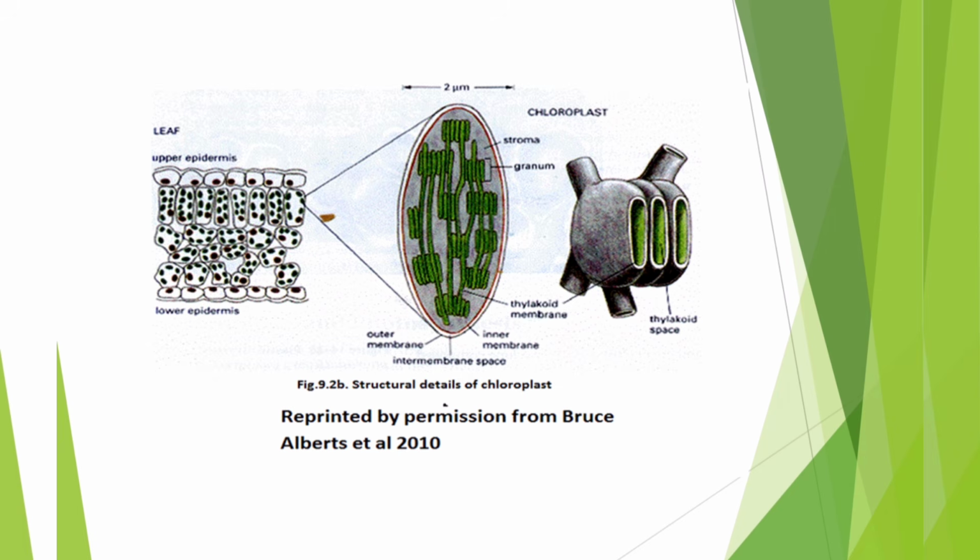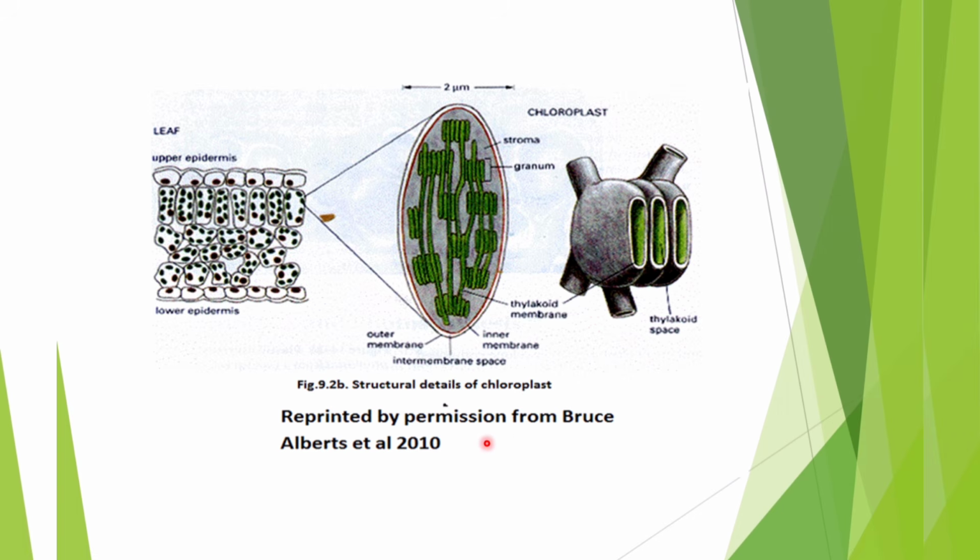Here is one more modified version. It's the structure in detail of the chloroplast. I have reprinted it by permission from Bruce Alberts in my book Plant Physiology and Metabolism.